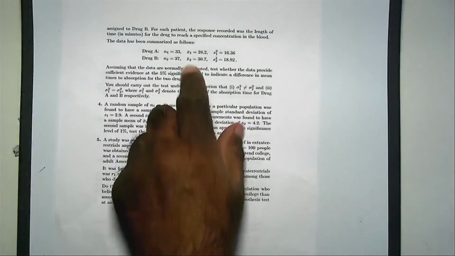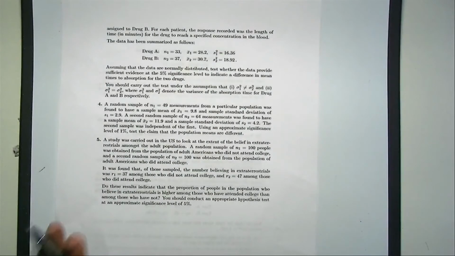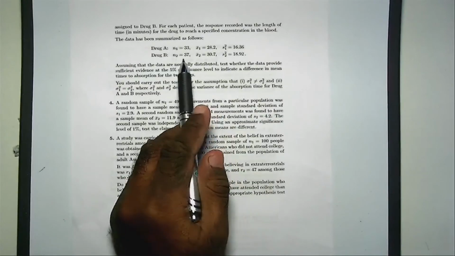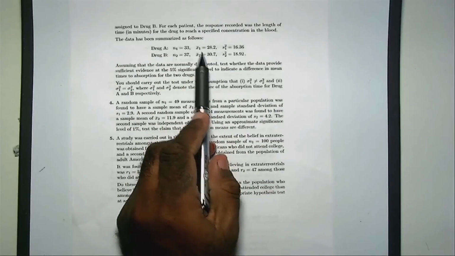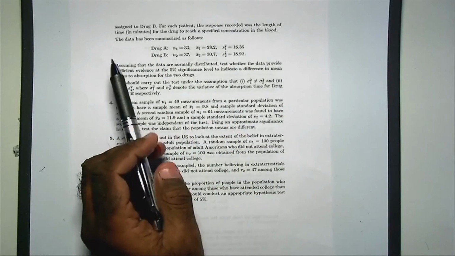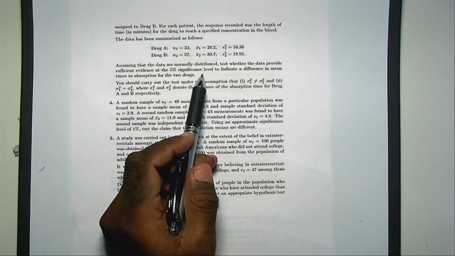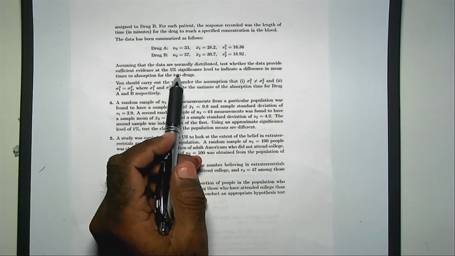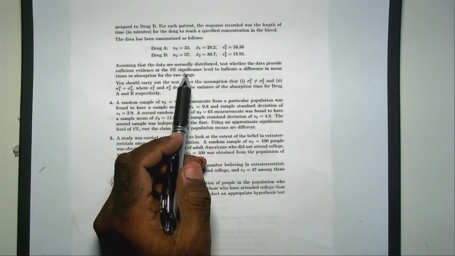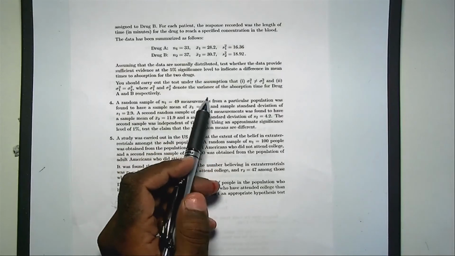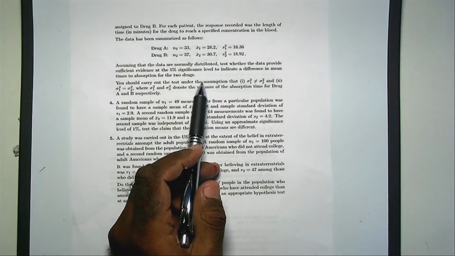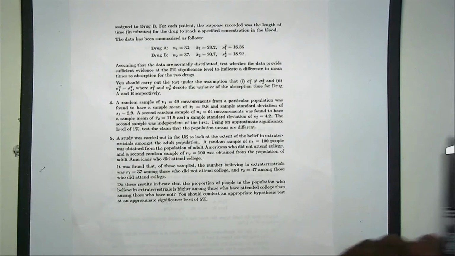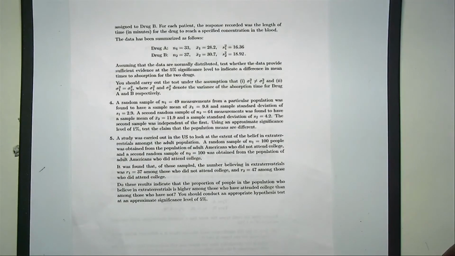So these are the statistics that you are given: the sample sizes, N1 and N2, the sample means and sample variances. So we want to see a 5% test about how the two population means differ from each other, right? So let's see how we can do this.